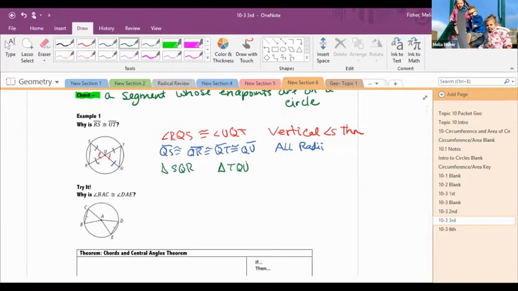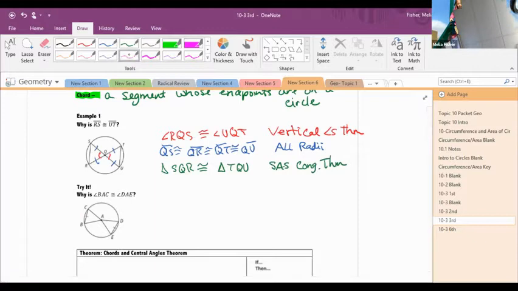They are congruent, thank you. And how do I know? What theorem do I know based on that information? Side angle side. Thank you. So that's our side angle side congruency theorem.